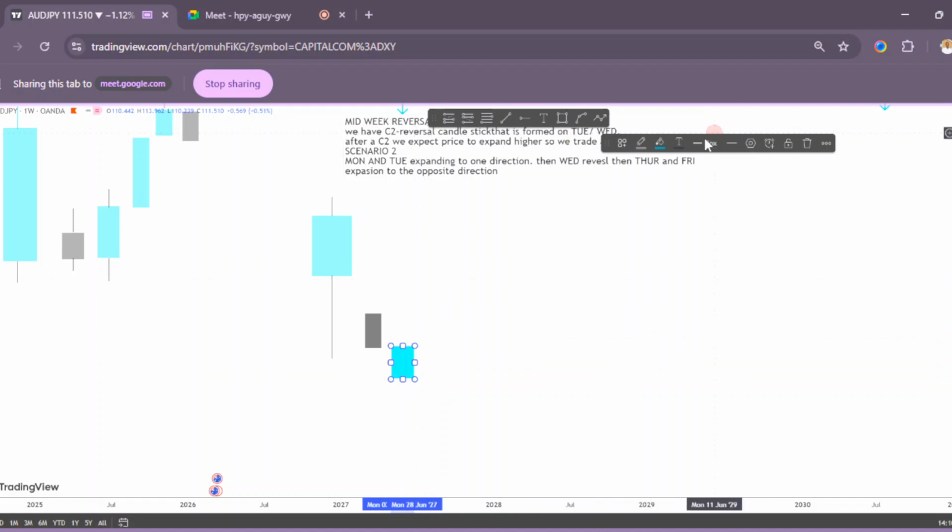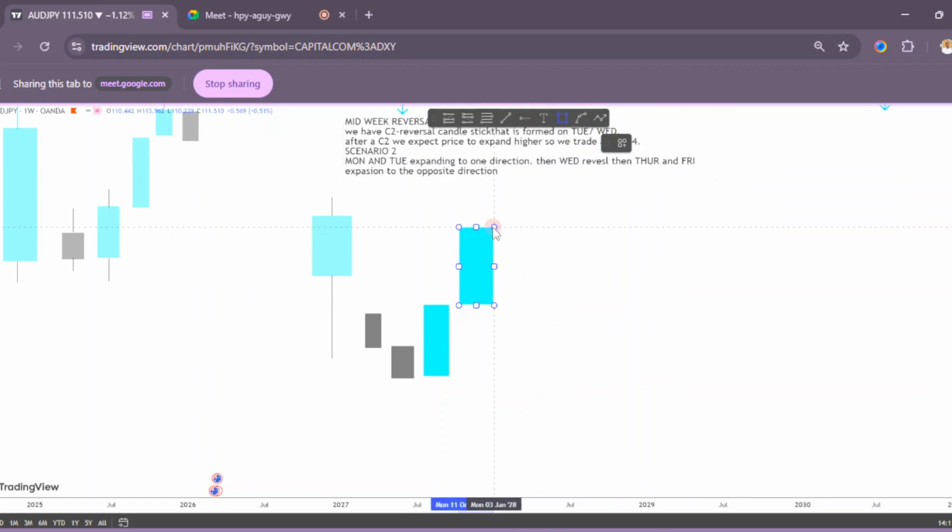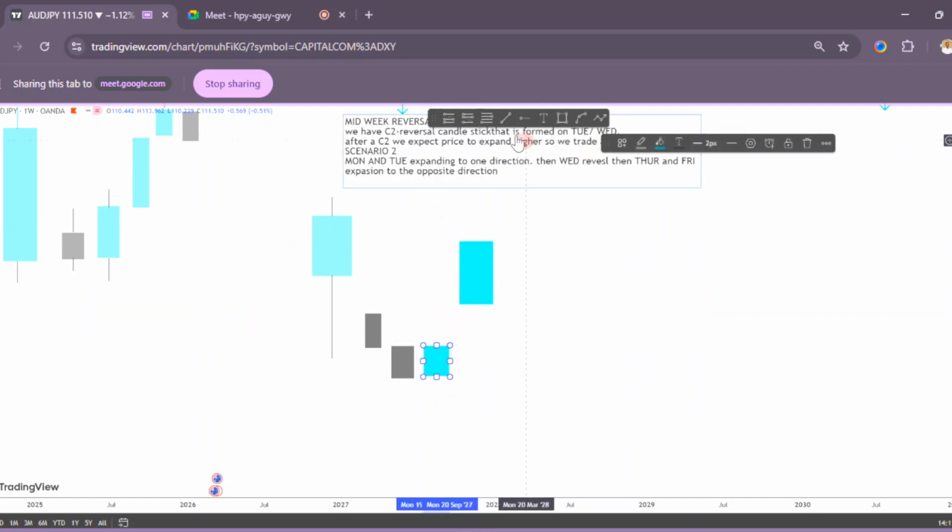Oh, this was supposed to be a bearish. Then Thursday we look to expand higher. I want this to look like a classic reversal candlestick. We said it has a long wick on one side, so we will have something like this.